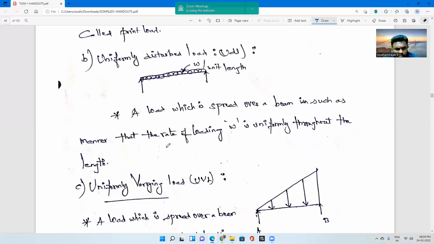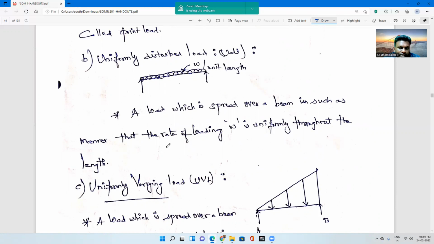That type of load will be a uniformly distributed load. The magnitude value will not vary for a uniformly distributed load. For example, if the load is 5 kilonewton per meter, then for the desired distance the load will be 5 kilonewton per meter.